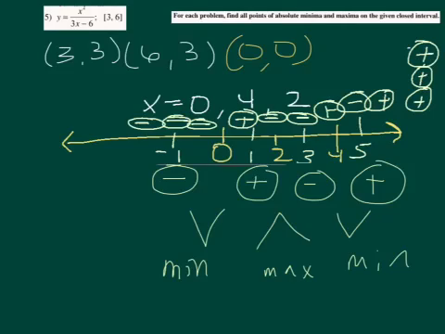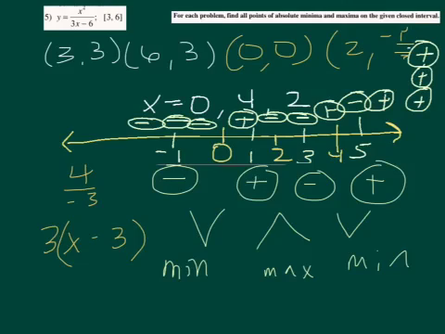Which would mean that I would have to do something about that. So I could factor out a 3 there, and then it would be x minus 3. So it would be 4 divided by -3. So that one would be 2, and -4 over 3.